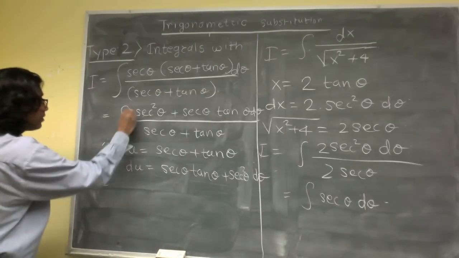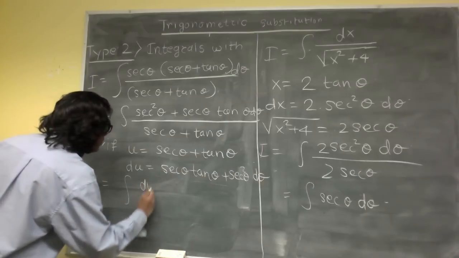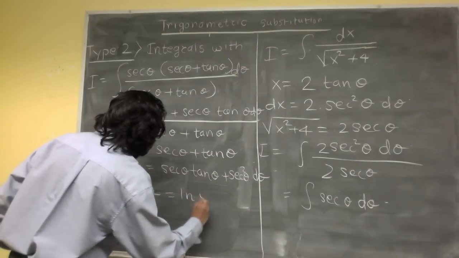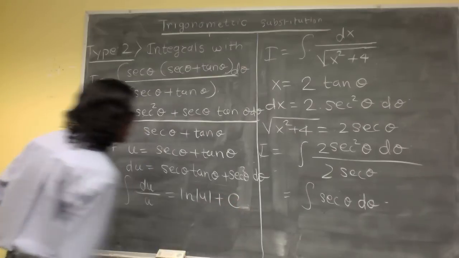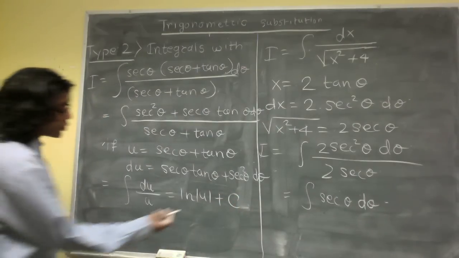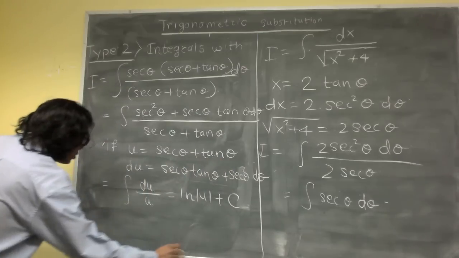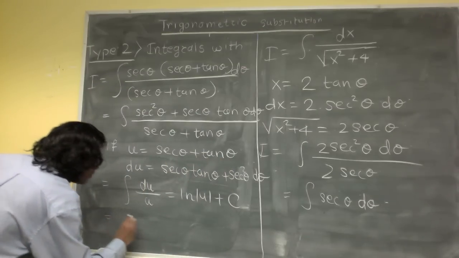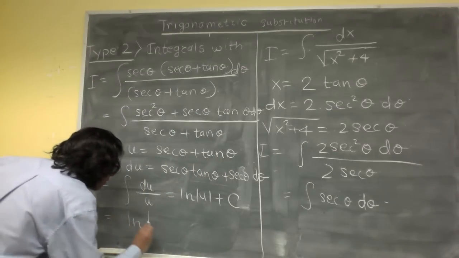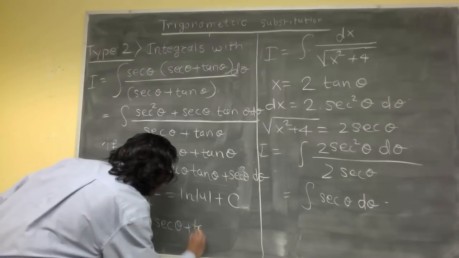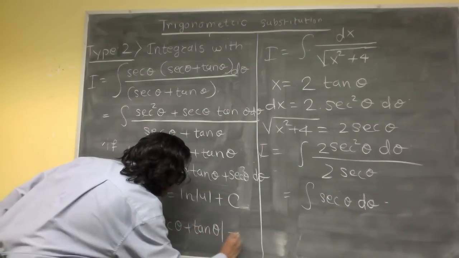Therefore we get this integral as the integral of du over u, and we know that this is natural log of absolute value of u plus c. But what is u? u is secant theta plus tan theta. So here we have this integral as natural log of absolute value of secant theta plus tan theta plus the constant of integration.